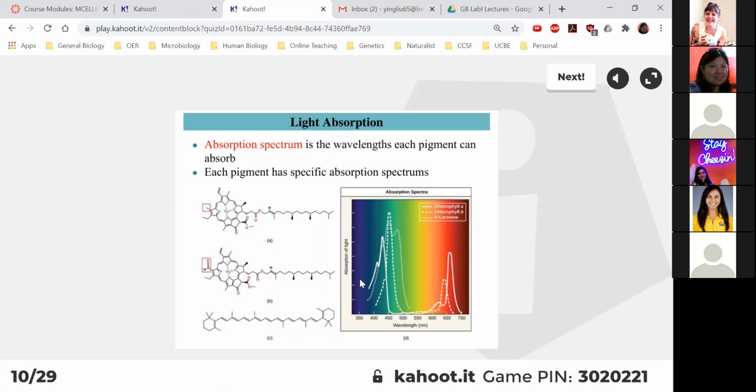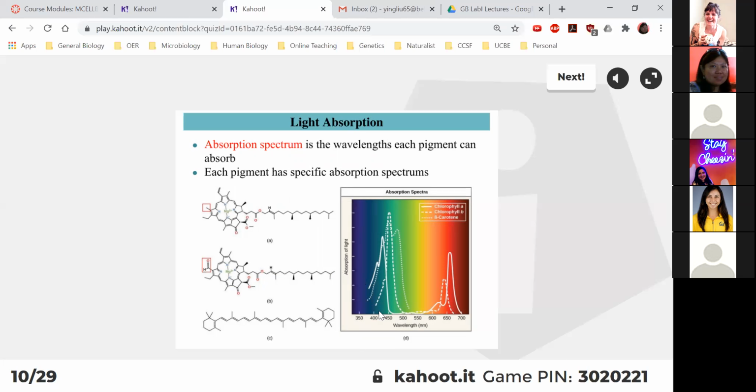You set the spec at a particular wavelength. Let's say you start at 350 nanometers, and then you measure the absorption. The y-axis over here is the absorption, so the spec will spit out a number. Then you change the wavelength to 370, and you measure the absorption again.